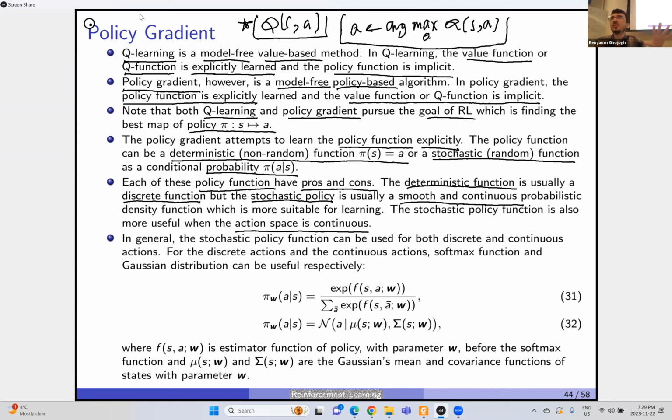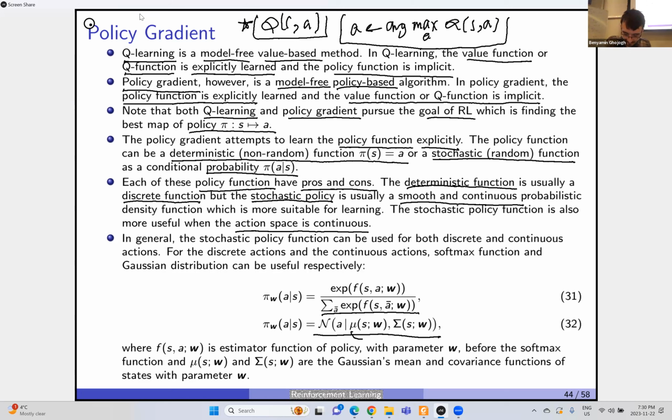But in general, a probabilistic or stochastic policy can be either discrete or continuous. If it is continuous, I can use a Gaussian distribution. But what if it is discrete? As always, we use softmax, to make it behave like a distribution.